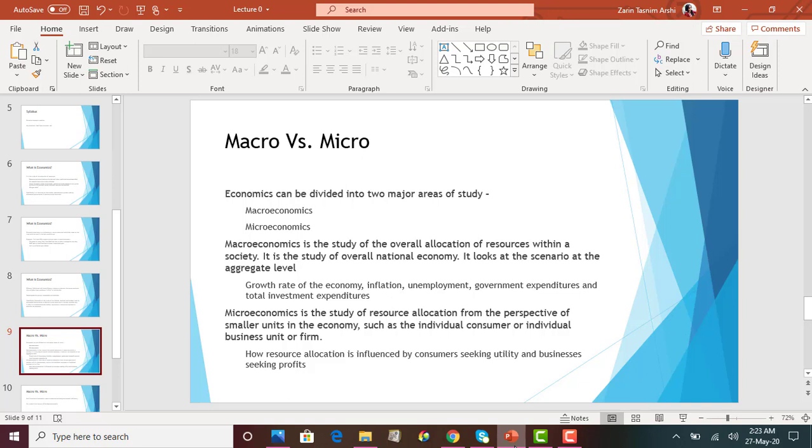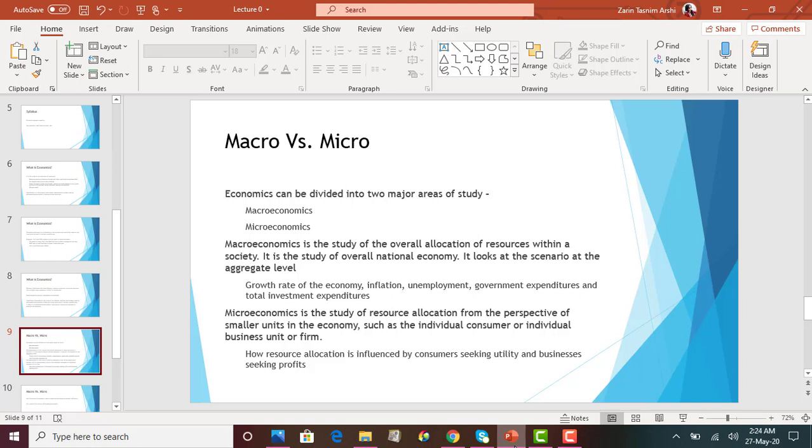So if we are talking about the US economy, how are we allocating resources for the US economy, or how are we allocating the resources for the Texas economy, or for the Dallas economy. So if we are talking about the country level, the state level, or the city level, these are examples of macroeconomics. It looks at the scenario at the aggregate level, at the group level.